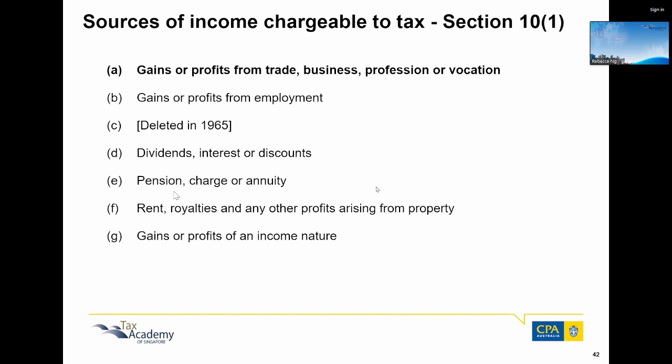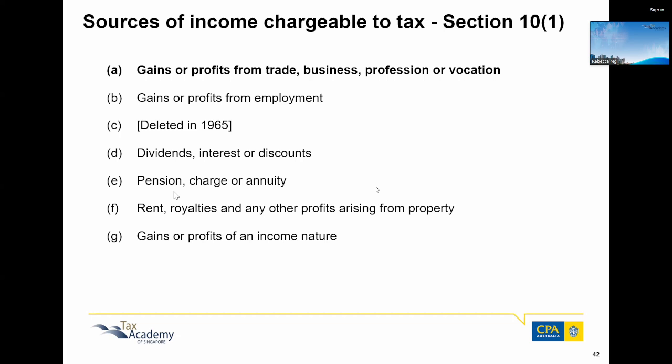So for section 10(1)(f), we have rent, royalty, and any other profits arising from property. Rent is money received for the use of the property, and royalties are payments received for the right to use patents, copyright, designs or trademarks, and they are taxable on the date they are due and payable and not on the actual date of receipt.